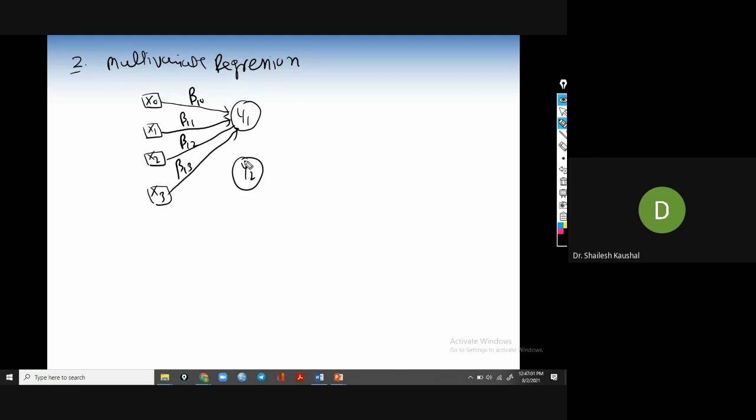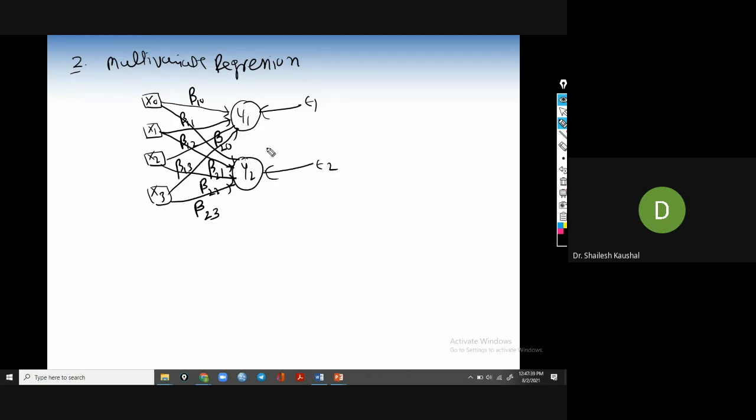Now the second dependent variable y2 is affected by x0, so I'm writing here beta 2 0, then y2 affected by x1, so beta 2 1, and by x2, beta 2 2, and y2 affected by x3, so beta 2 3. And there are two error terms, epsilon 1 and epsilon 2.